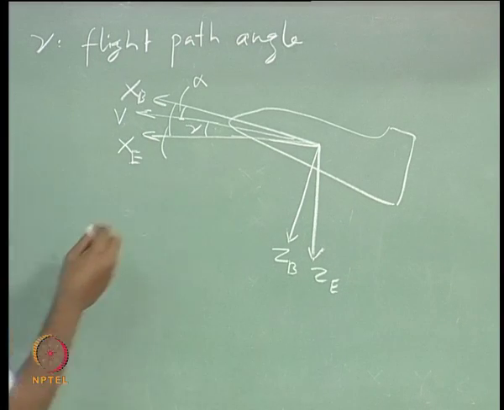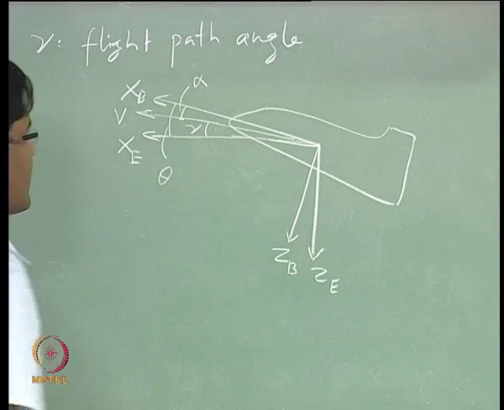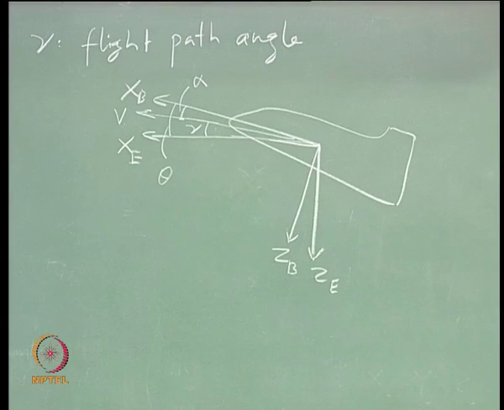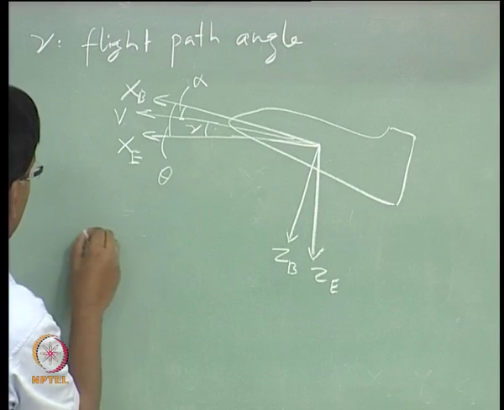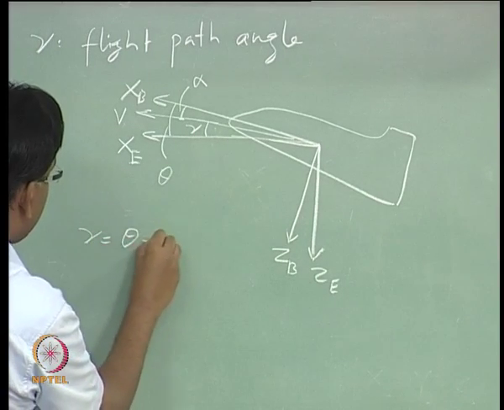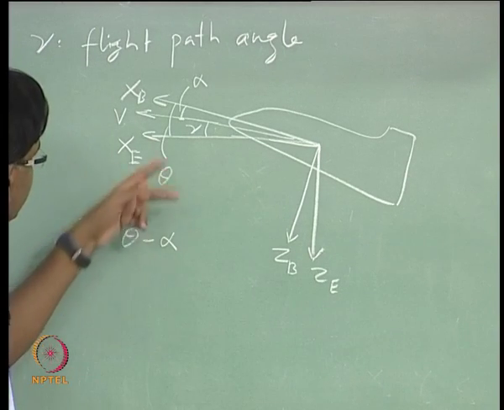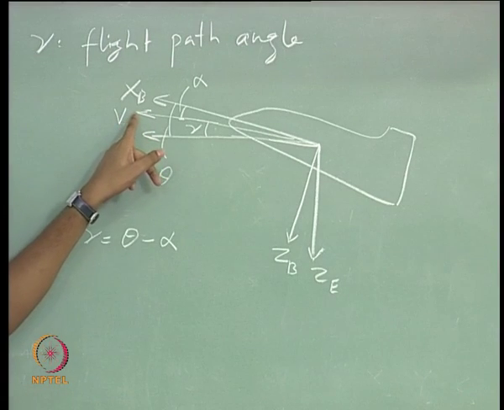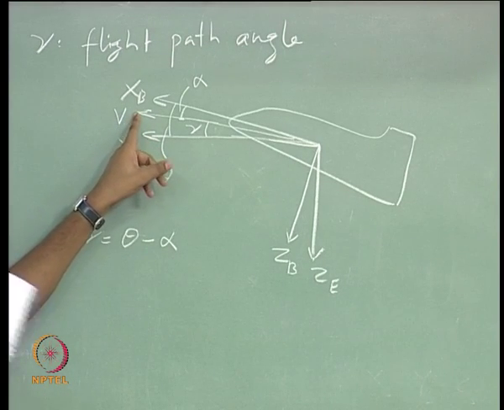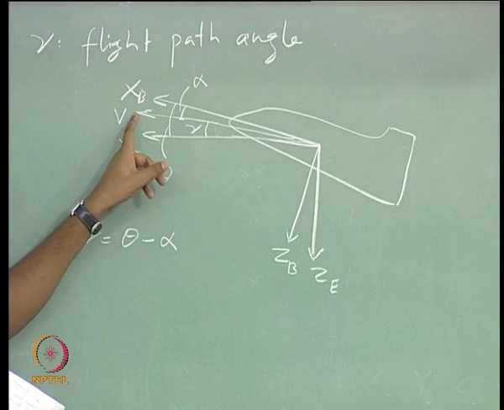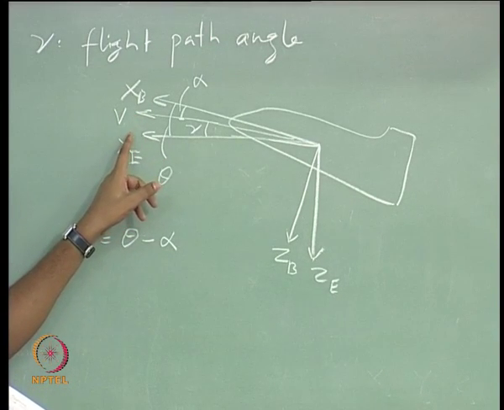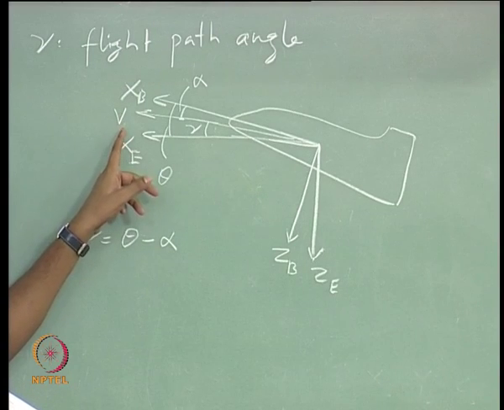So, this angle is theta. Okay. So, in this 2D plane you can see that gamma is nothing but theta minus alpha, right. So, in this 2D plane it is actually the angle between the velocity vector which is wind fixed, right, and the earth fixed x axis, right.